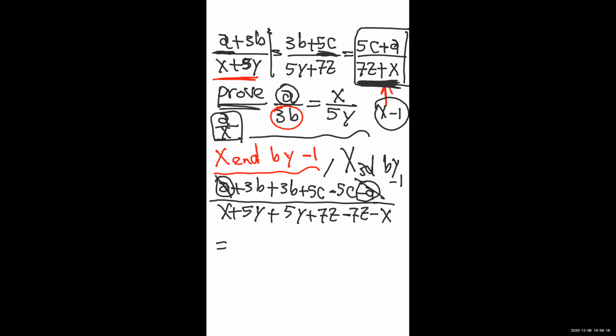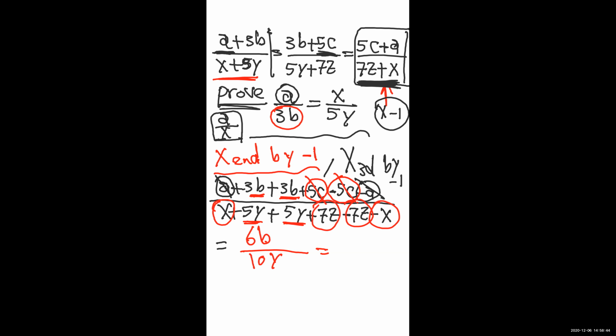Negative 5C and 5C, also 0. Then 3B plus 3B means 6B. Over x minus x, 0. 7z minus 7z, 0. 5y plus 5y means 10y. Now I can simplify it.